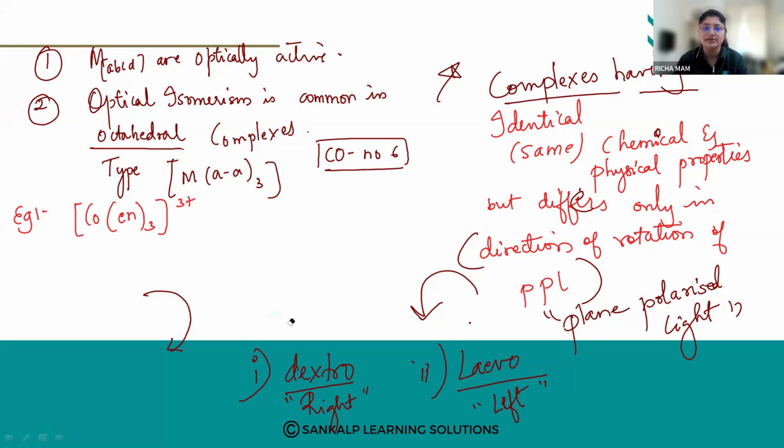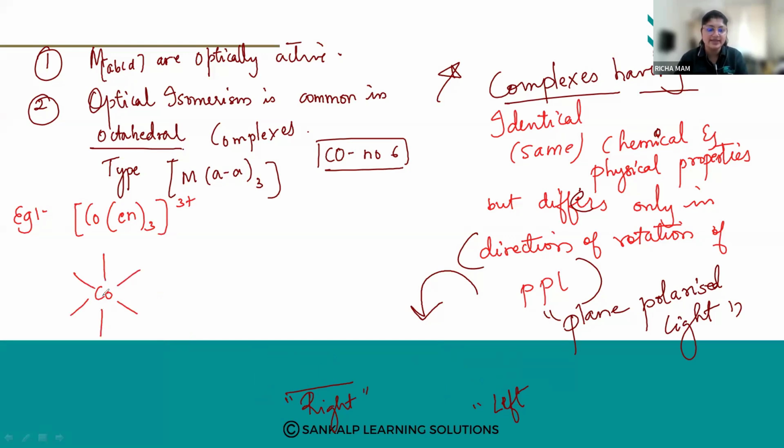Let us write the dextro and levo rotatory forms for that. Cobalt is in the center. Octahedral geometry means 1, 2, 3, 4, 5, 6. One ethylene diamine here, one here, and one here. This is the arrangement of ethylene diamine in the octahedral complex.